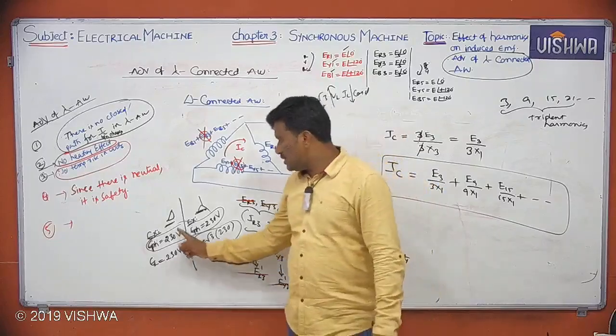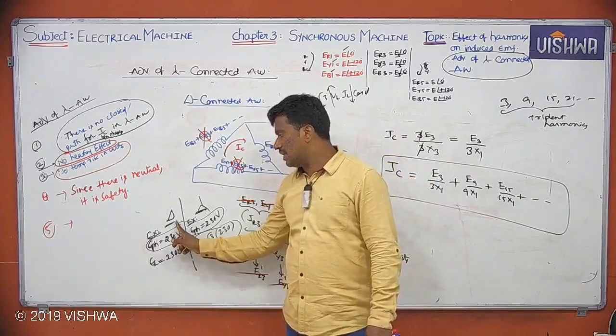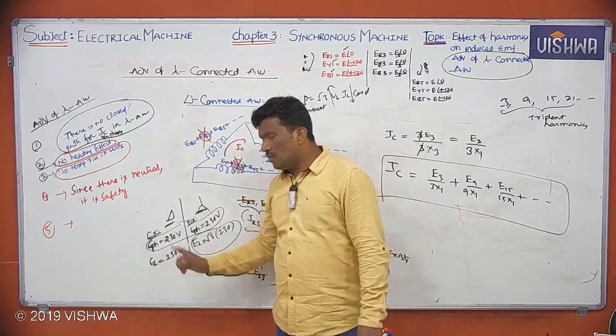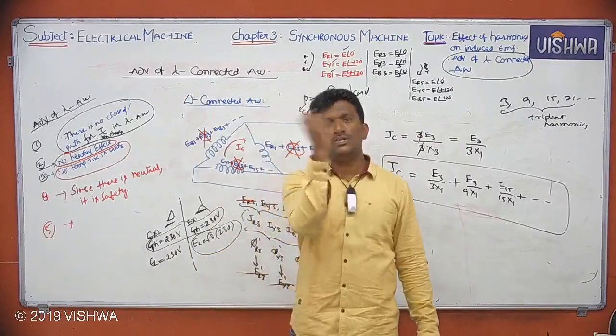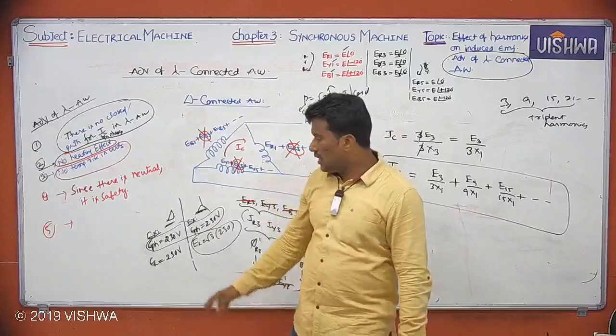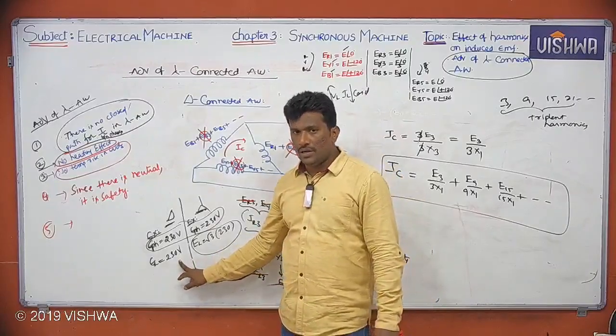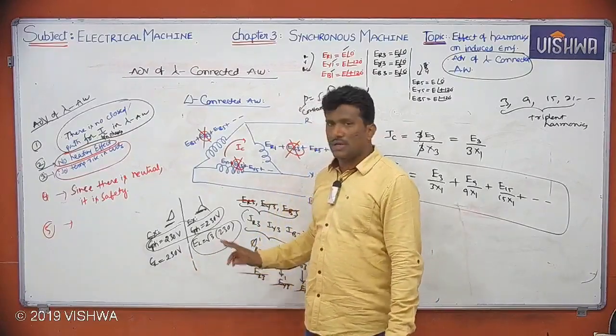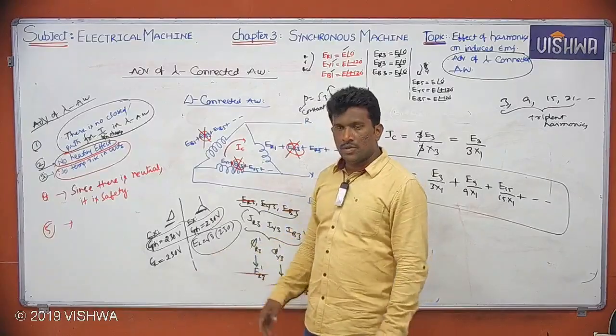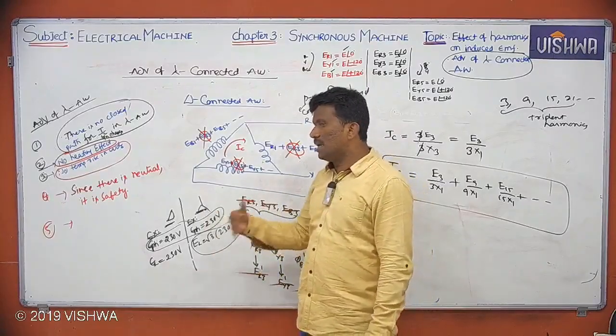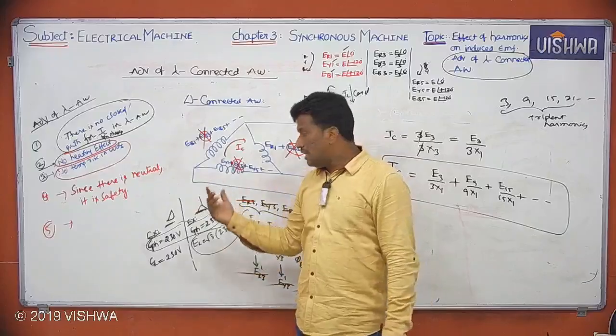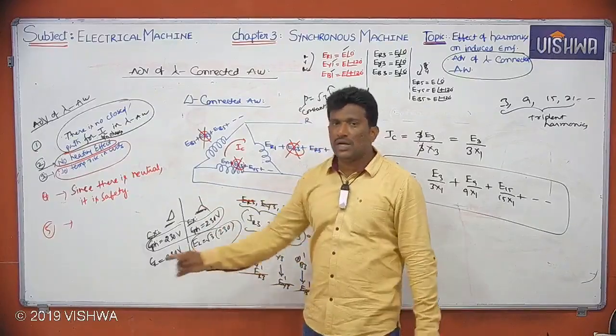If the alternator has a delta connected armature winding, line voltage is 230 only, so obviously line voltage will be less. Transmitting 230 is not economical compared to transmitting √3 into 230. So transmission voltages are more if the armature winding is in star, not in delta.